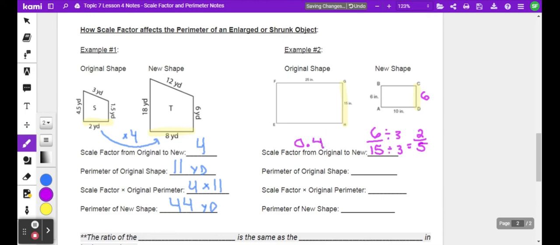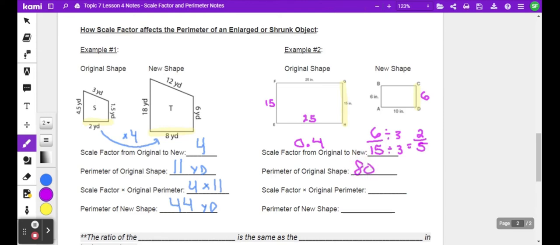And we can certainly find the perimeter of the new shape fairly easily, right? Again, understanding the top and the bottom of the rectangle are going to be the same. The right side and the left side are going to be the same. So 25 plus 25 is 50. 15 plus 15 is 30. 50 plus 30 is 80.